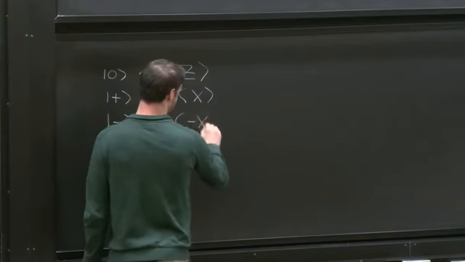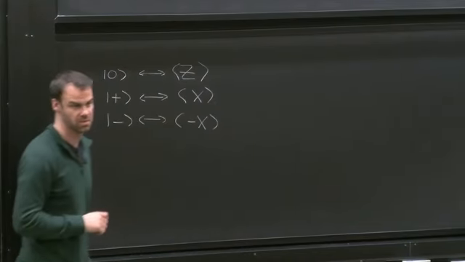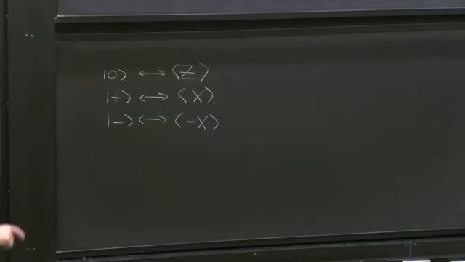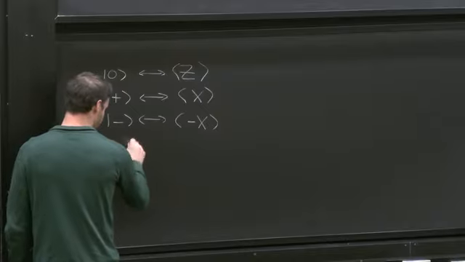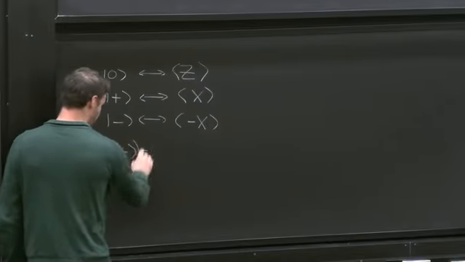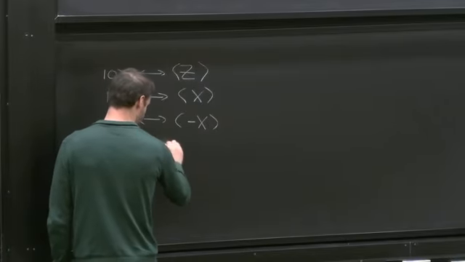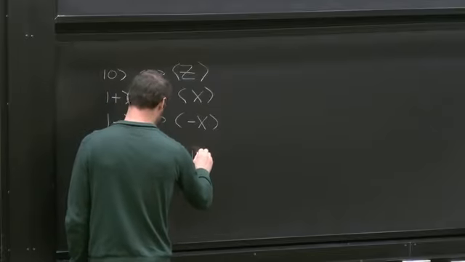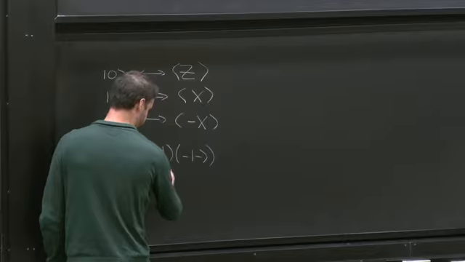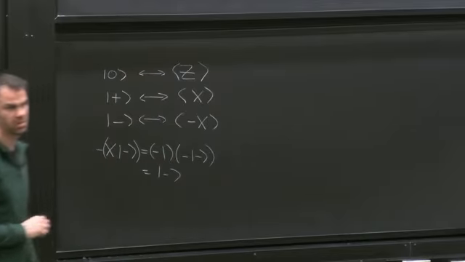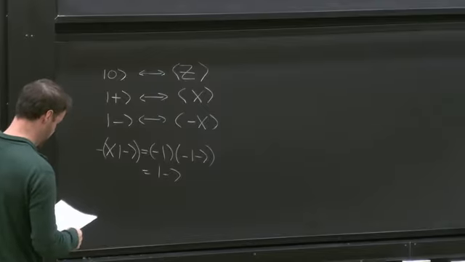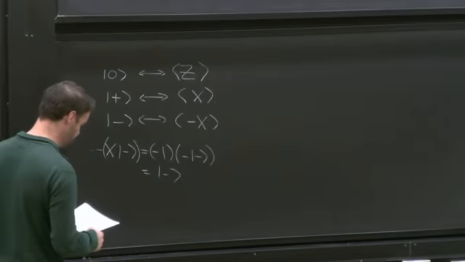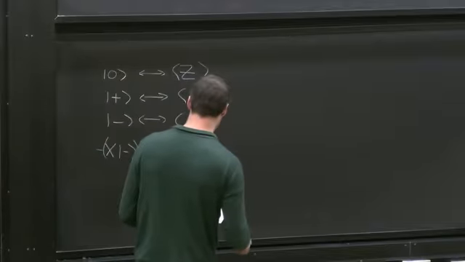So minus X, because minus X acting on minus gives minus. Okay, so those are very simple single qubit examples.